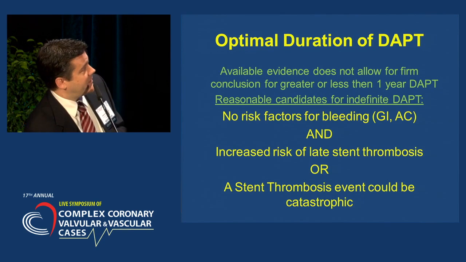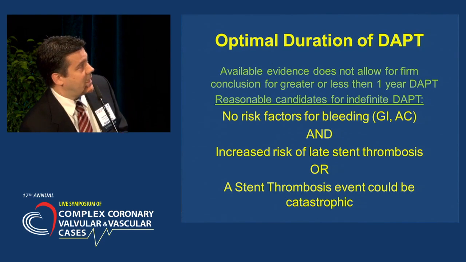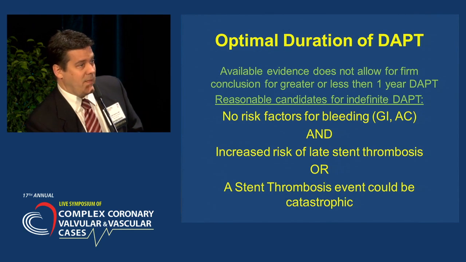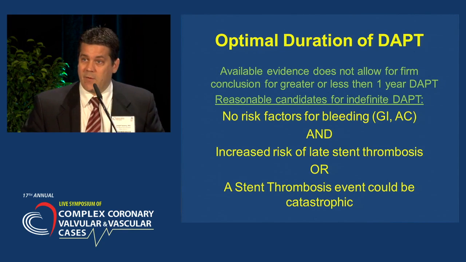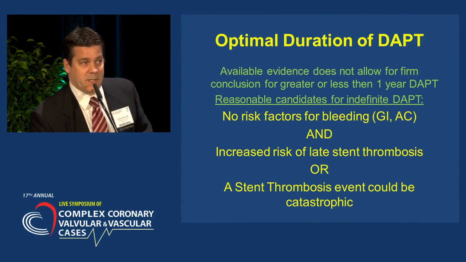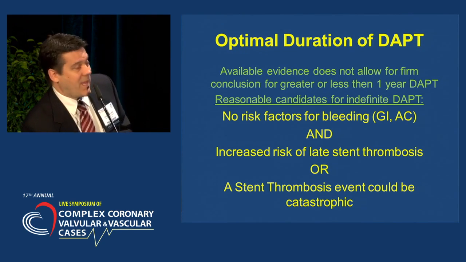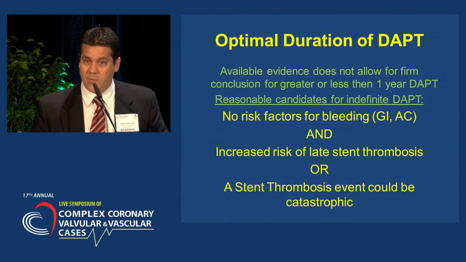There are candidates, however, where we consider indefinite dual antiplatelet therapy. And this is the algorithm. If they don't have any risk factors for bleeding, meaning they don't have an ulcer or they're not on chronic anticoagulation, and they have an increased risk for late stent thrombosis.